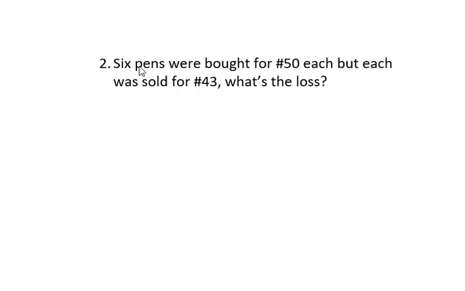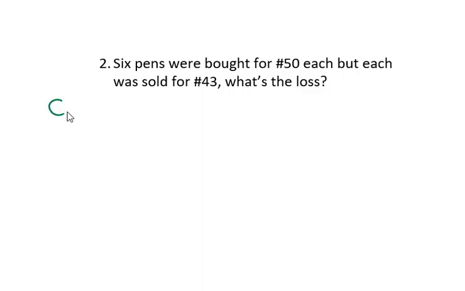Question 2. 6 pens were bought for 50 naira each, but each was sold for 43 naira. What's the loss? They told you to solve for loss clearly, so you don't have to be confused. Let's check out the cost price and the selling price. The price to buy something is the cost price.